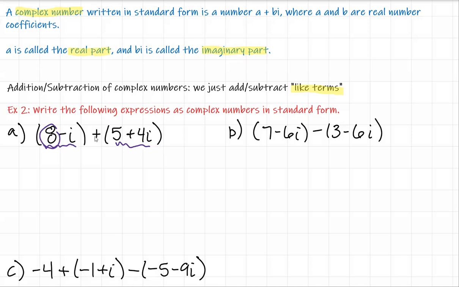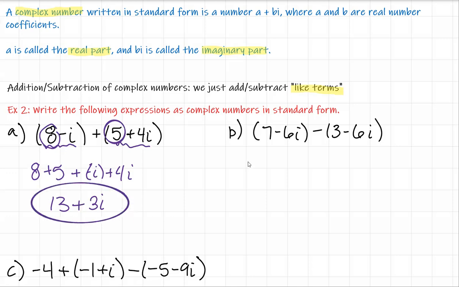We take our 8 and add it with 5, and then we have -i plus 4i. 8 plus 5, we know that's 13. -i plus 4i, that's going to be 3i. It works exactly like adding variables together. If that was -x plus 4x, that would be positive 3x. And so here's our answer.